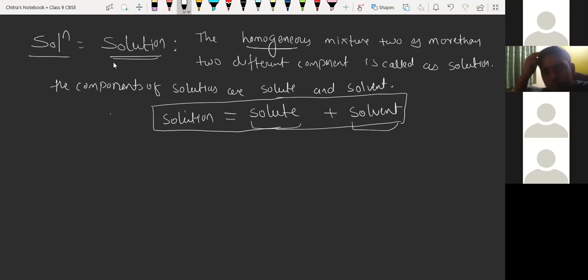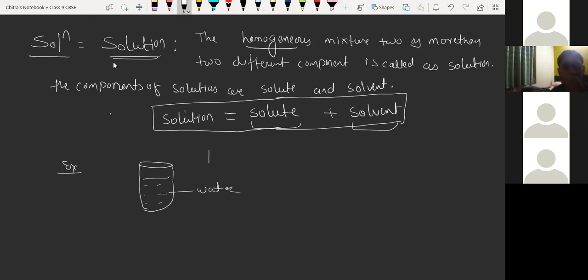Okay. So first I'm going to explain the example. Suppose we have taken a glass of water, and we have added salt. Here we have added 1 or 2 teaspoons of salt.